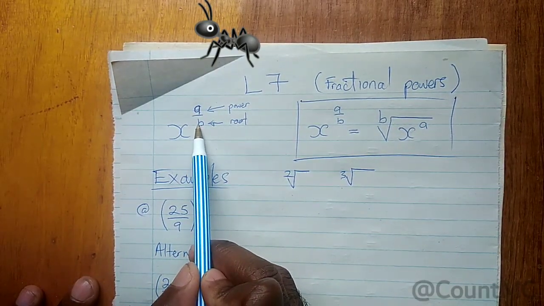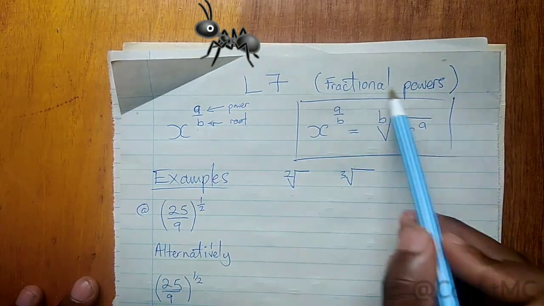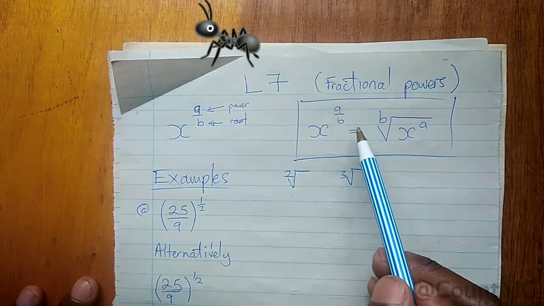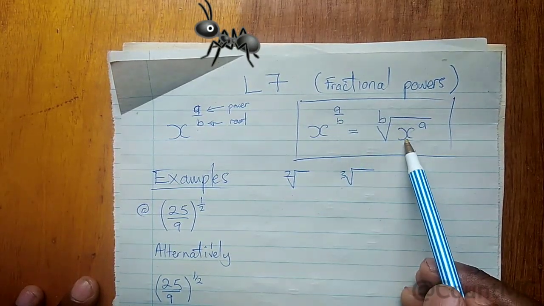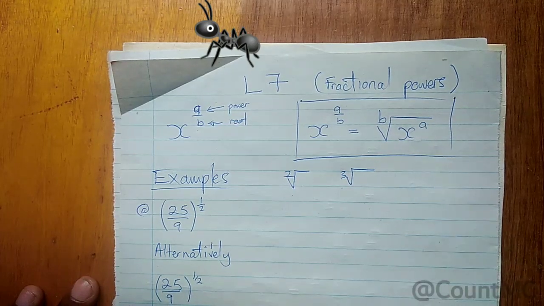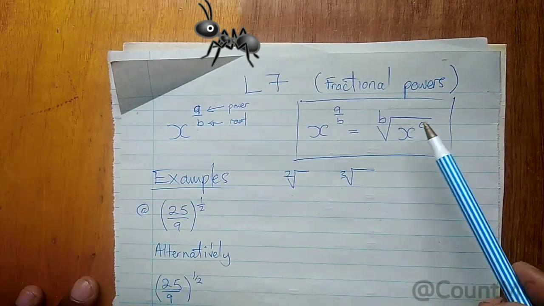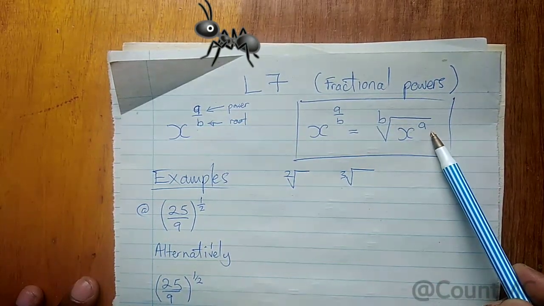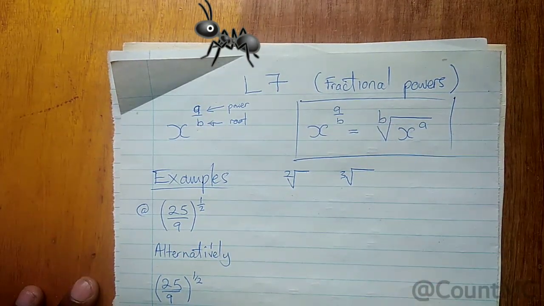Then the denominator of that fraction is the root. In a visual way, x to the power a over b is equal to the bth root of x to the power a. Now, it doesn't matter if you apply the root first, then at the end you apply the power, or if you start by applying the power, then you apply the root last.